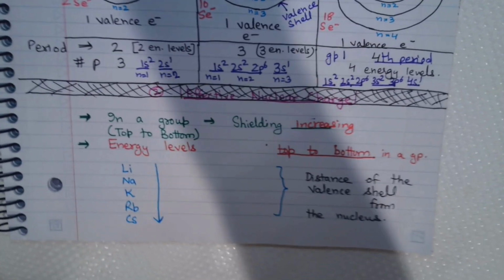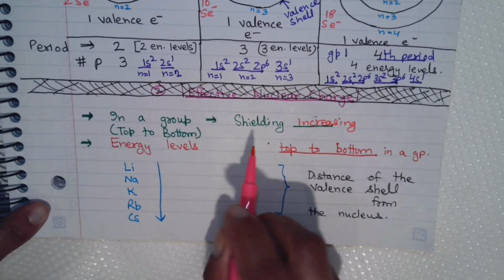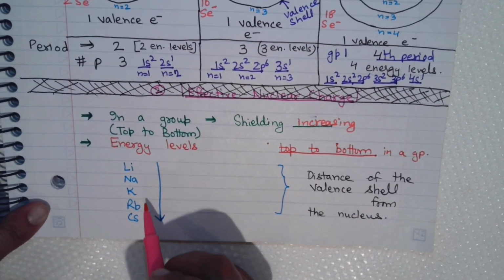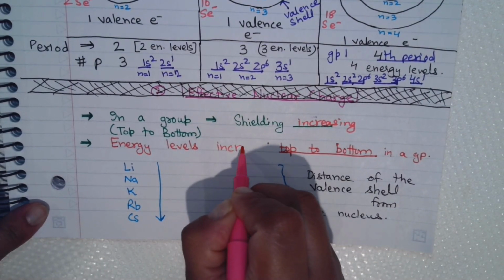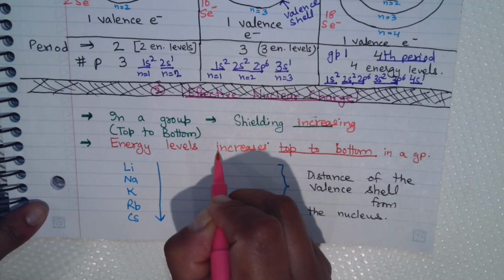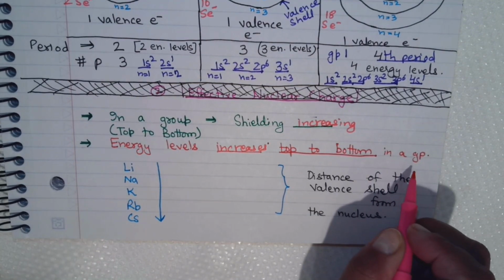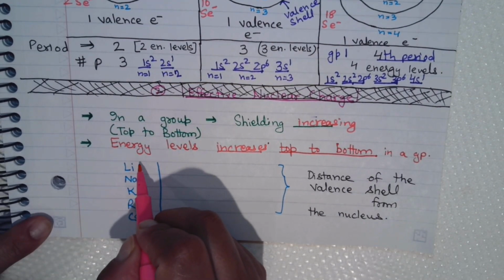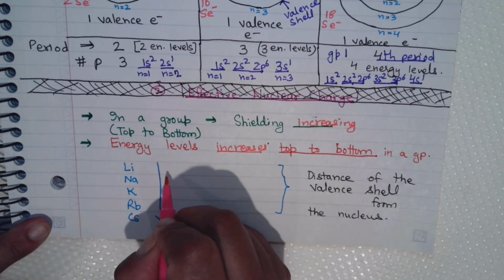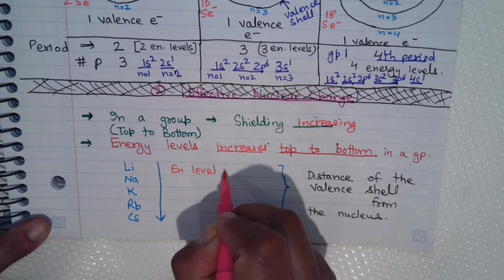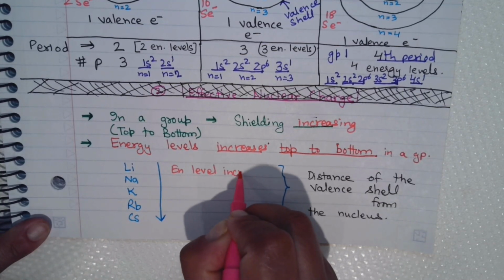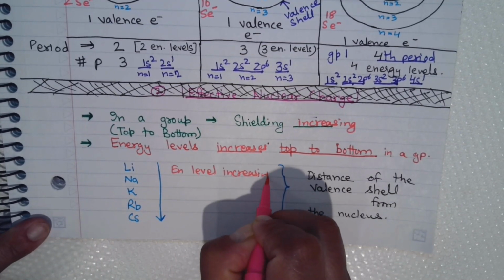Now let's look at the number of energy levels. The number of energy levels as you go down increases from top to bottom in a group, right? So this way the energy levels are increasing. Right?